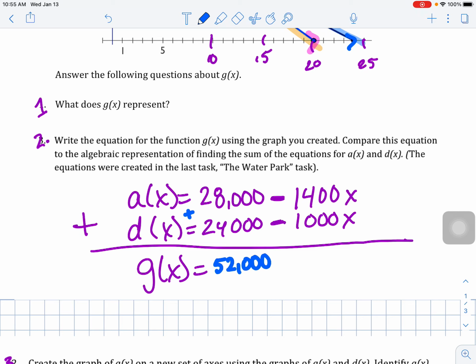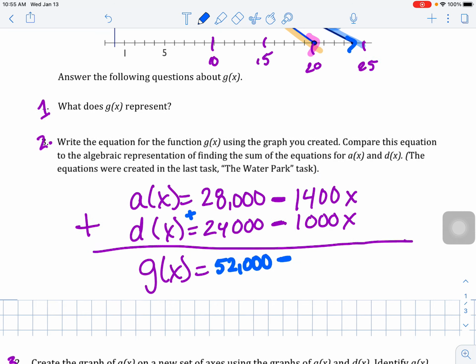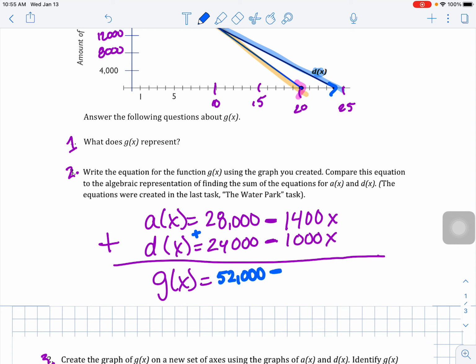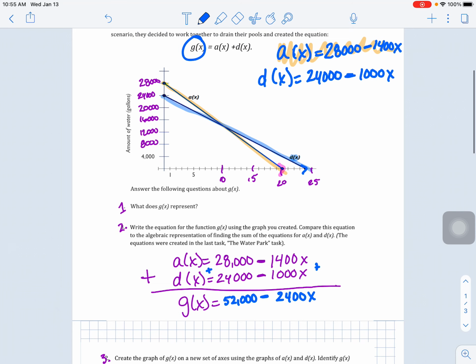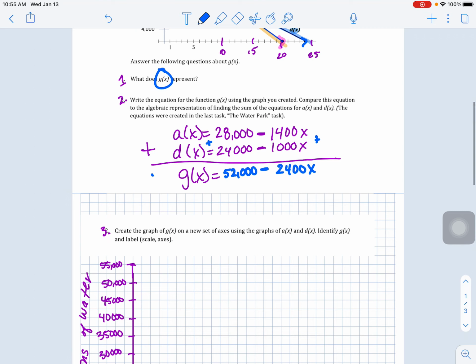But they're also draining it faster because they're using both pumps, which we already added together, and that gives us 2,400 gallons per minute. So this is your equation for the function G of x. That's the teamwork equation. They'll have more water to start with, but they'll pump at a faster rate.